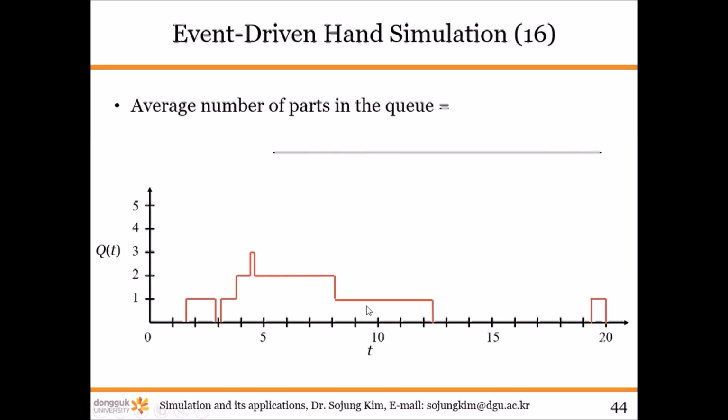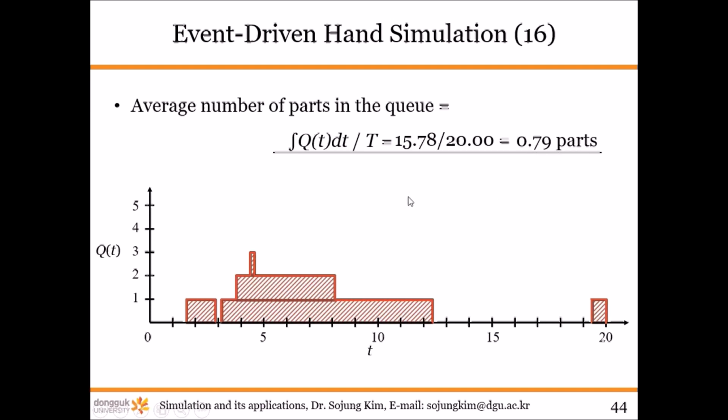All right, so the average number of parts in the queue is calculated by this equation, a time persistence statistic, right? So if you calculate the shaded area from this Qt graph, you will get 15.78, and then divide this value by time t, the simulation runtime, which is 20. So you will get 0.79 parts as the value of this time persistence statistic. Good.